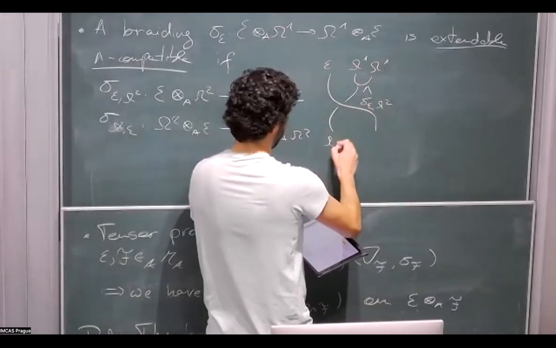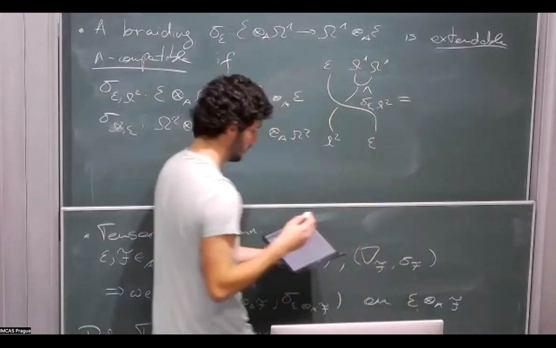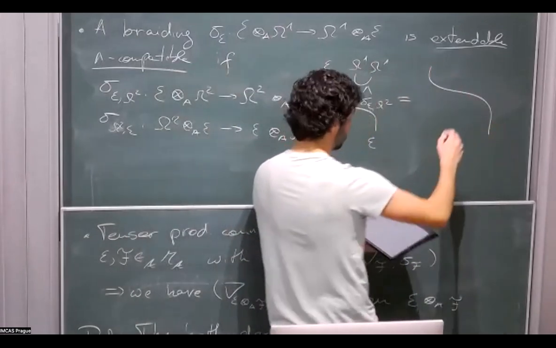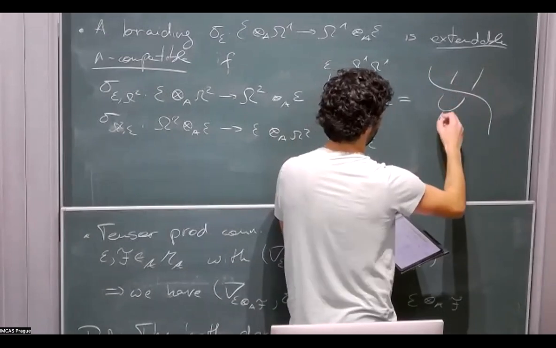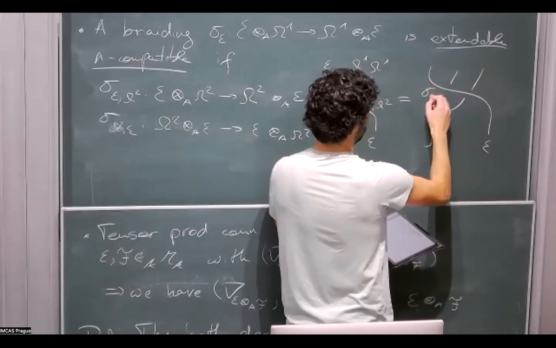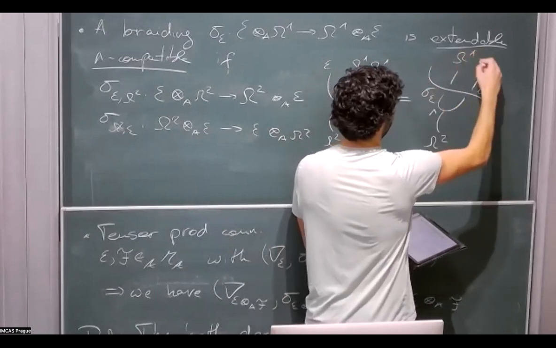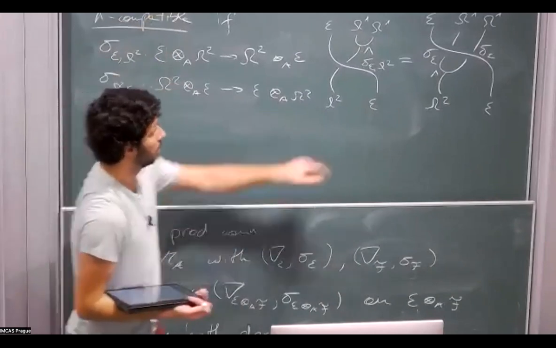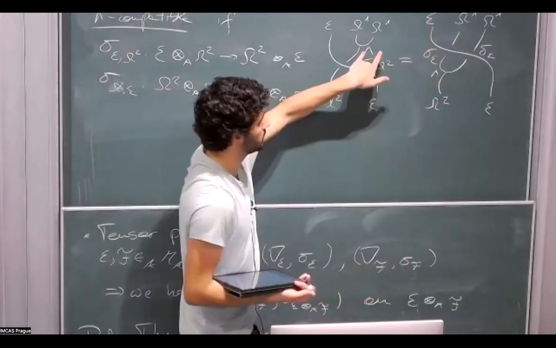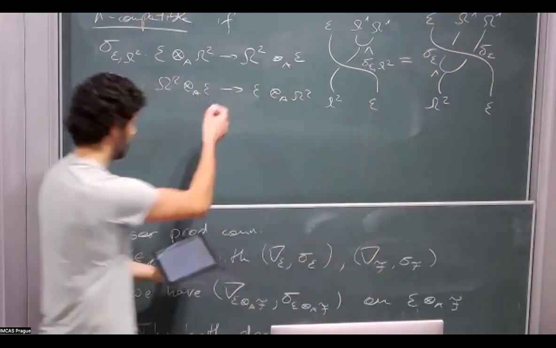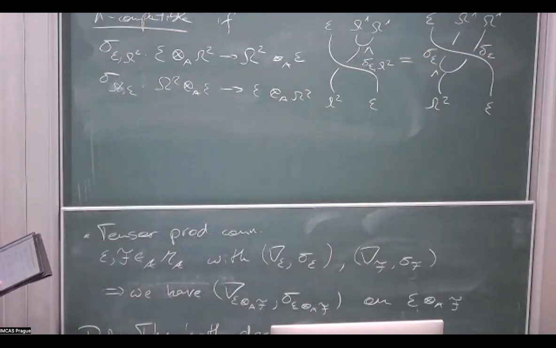This would take us to omega 2 E, and the way we define this is in terms of one forms, so we'd get this diagram instead, where here you have the usual braiding. So instead of writing the wedge product, just braid everything before, and then you apply the wedge product. This makes sense? And for the other one, you'd do exactly the same.